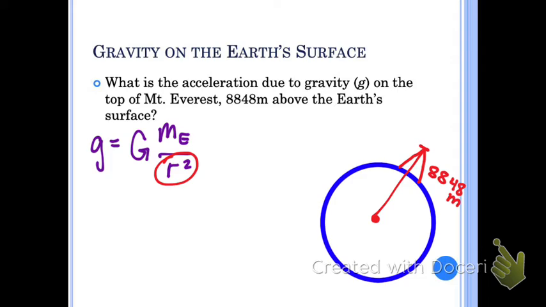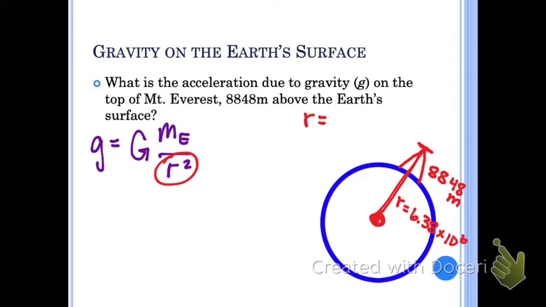Okay, so we know the radius of the Earth equals 6.38 times 10 to the 6th. That's one we got yesterday. And so since we want this total distance, what are we going to have to do to those two values? We're going to have to add them together. Okay, so you can go ahead and do it now. You can wait until you plug it into your equation. I'm probably going to go ahead and do it now. Radius, I'm going to take 6.38. We stored that in our calculator yesterday, remember?